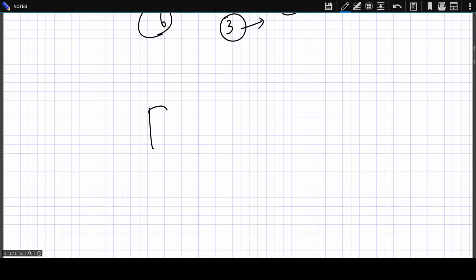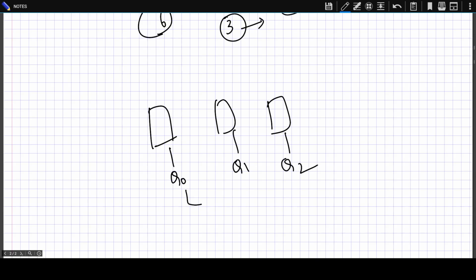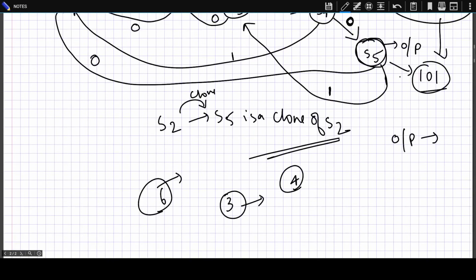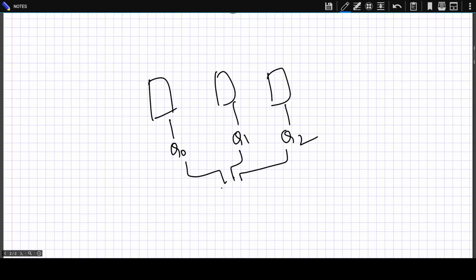So we have 3 flip-flops like this. This is Q0, this is Q1, this is Q2. We have to detect 101, and 101 is the thing when we trigger the output. So we take 1, 0, 1.